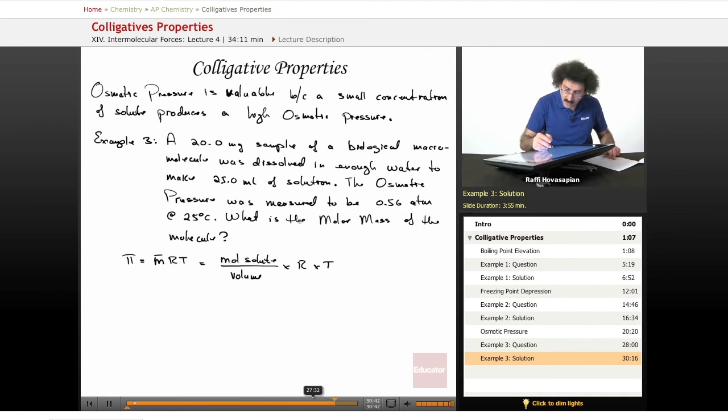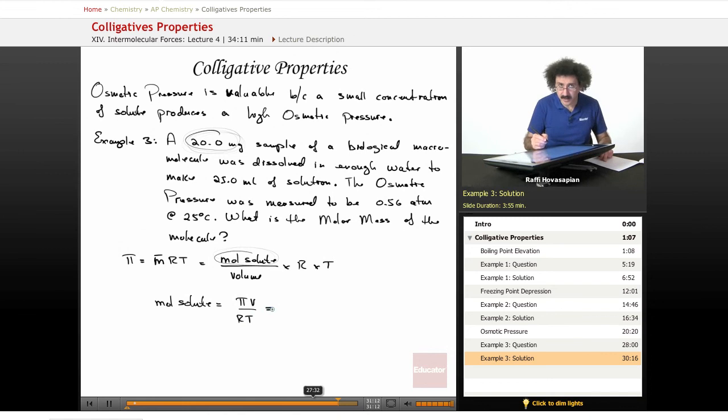Therefore, I have the mass. What I need to do is find the moles. And if I take the mass divided by the moles, that's molar mass, grams per mole. So I'm going to rearrange this equation. I'm going to solve moles of solute equals the osmotic pressure times the volume divided by R and divided by T.